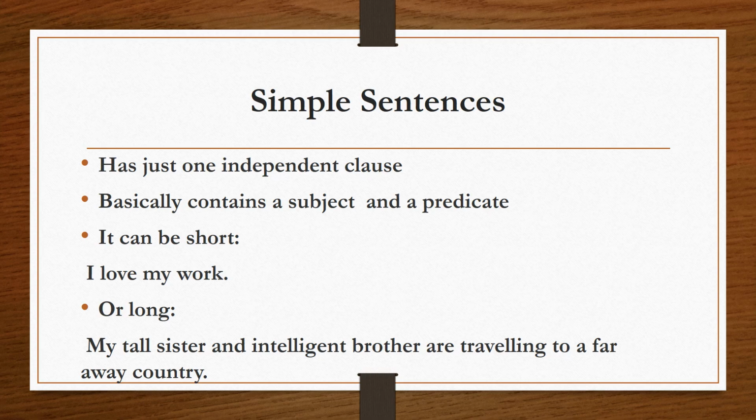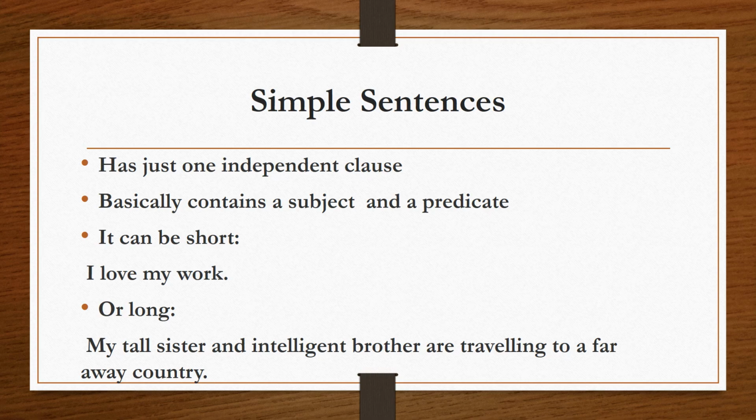Simple sentences, of course, are expected to be written by students at lower forms, and as they develop, they are going to Form 4 and so on. They are expected to improve from the simple sentence.